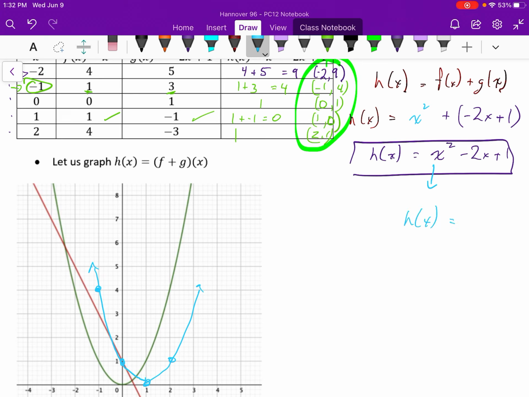Interestingly, h of x has the equation (x minus 1) squared. And if you can recall from grade 11, this would have a vertex at 1, 0. And if you look at the graph of h of x, we do have that vertex at 1, 0.